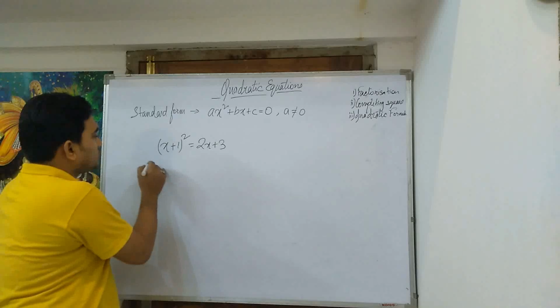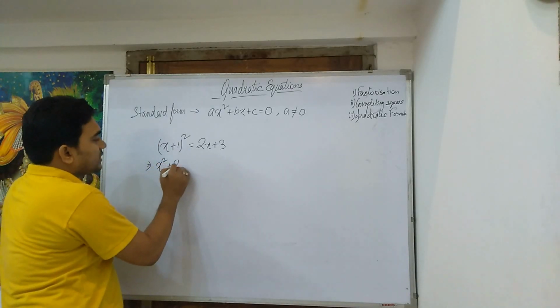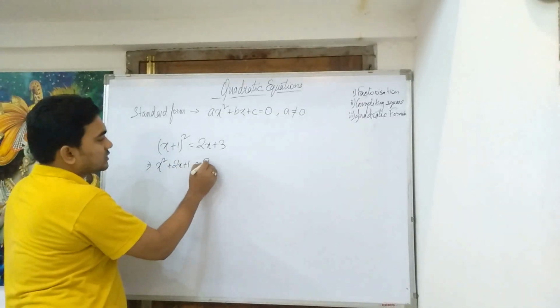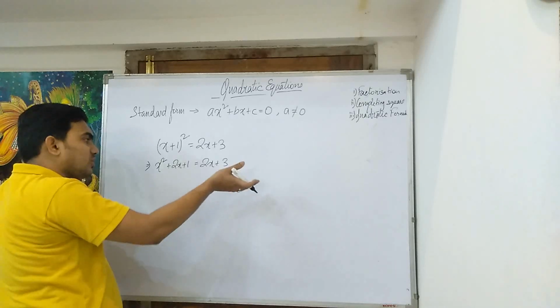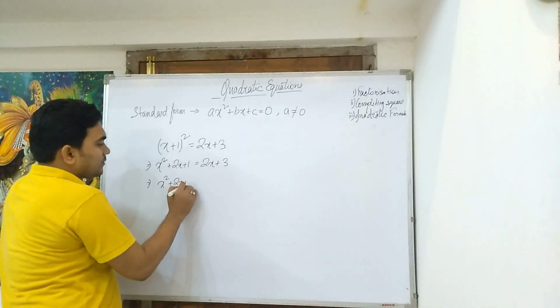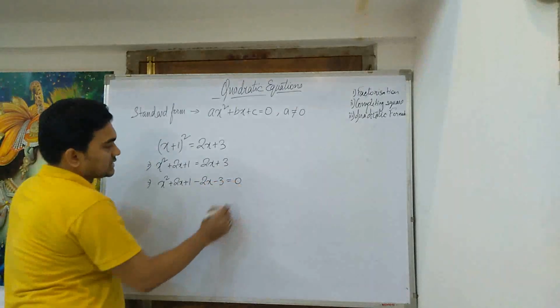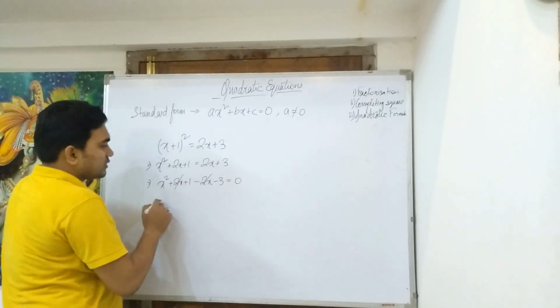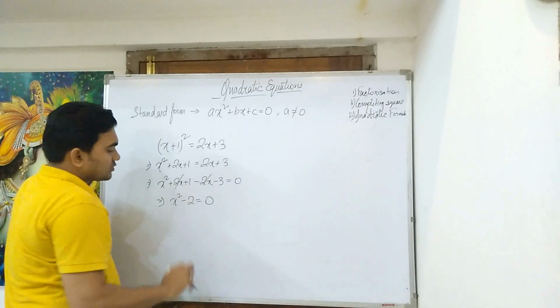So what we will do, we will just start simplifying. X square plus 2x plus 1 equals to 2x plus 3. We just transpose all the terms to the same side. On side change, their signs get changed. 2x minus 2x, x square minus 2 equals to 0.